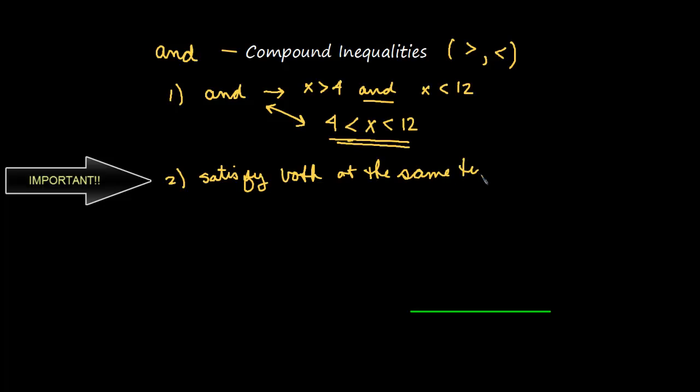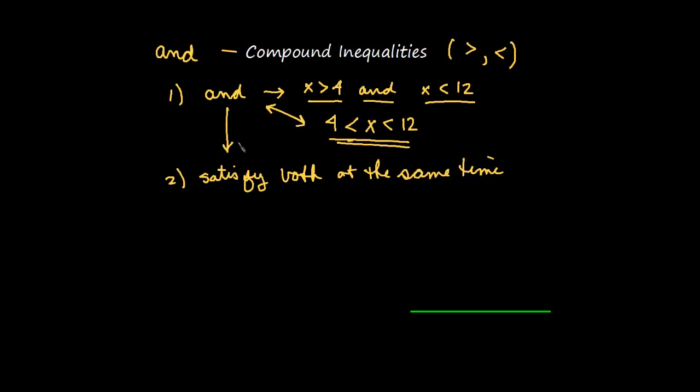The number or the value that I choose for x has to make this inequality true and this inequality true at the same time. I can't choose two different numbers. I have to choose one number, and it has to make both of those true. That's a characteristic of the word AND. That's what it means in math. Both things must be true at the same time.